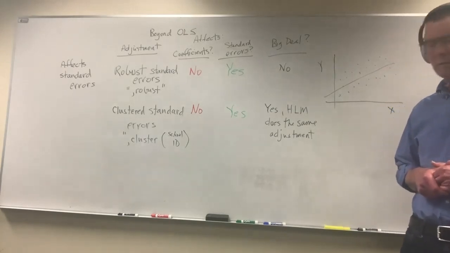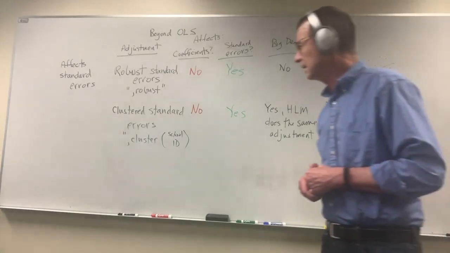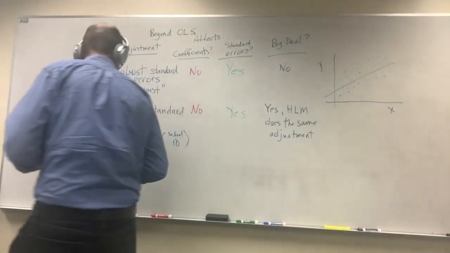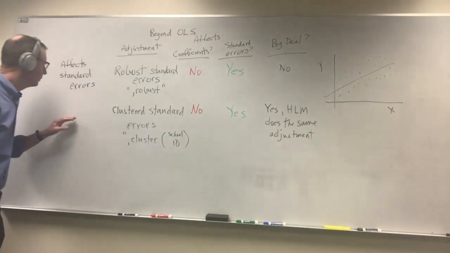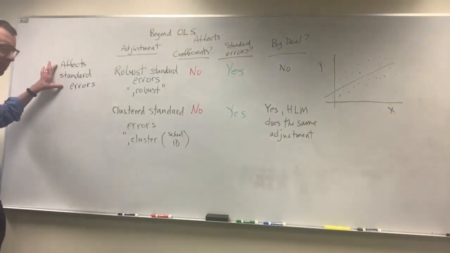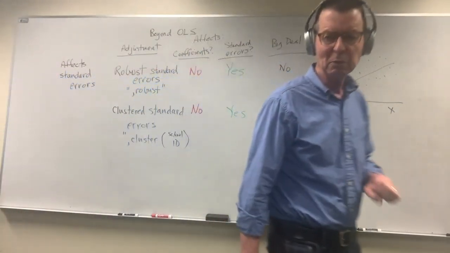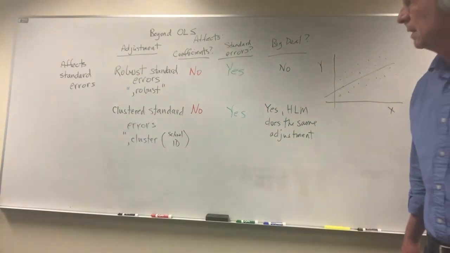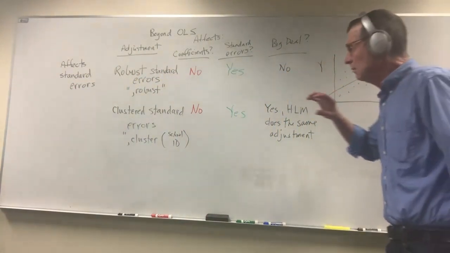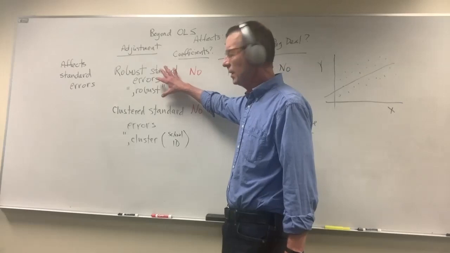And I want to organize them according to what impacts these adjustments have. I want to start out with a couple of things that affect the standard errors that you estimate, but not the coefficients themselves. One of these is robust standard errors.